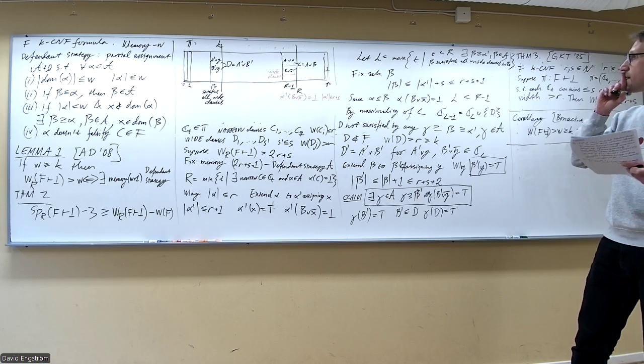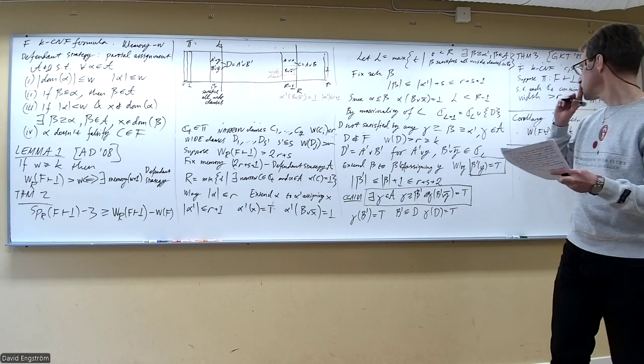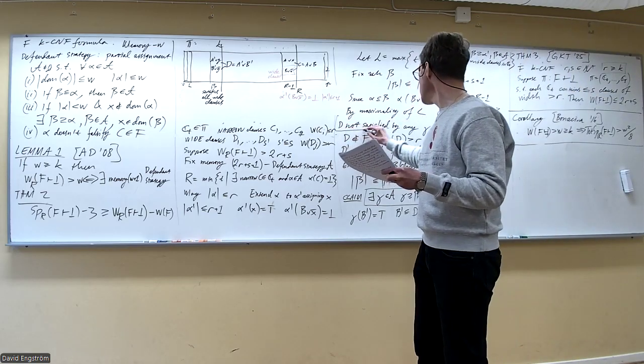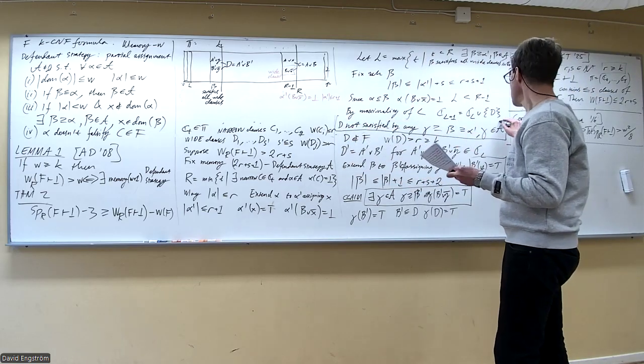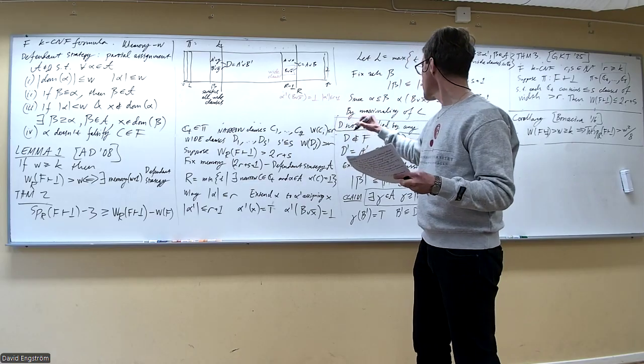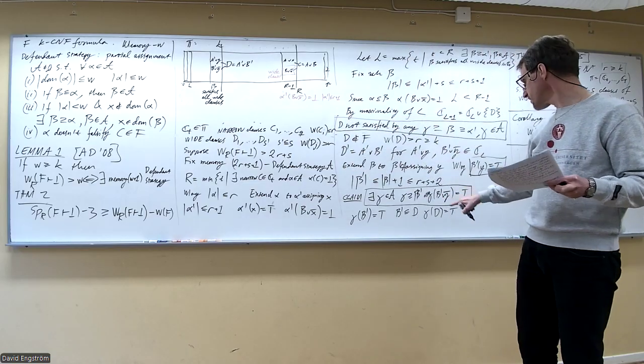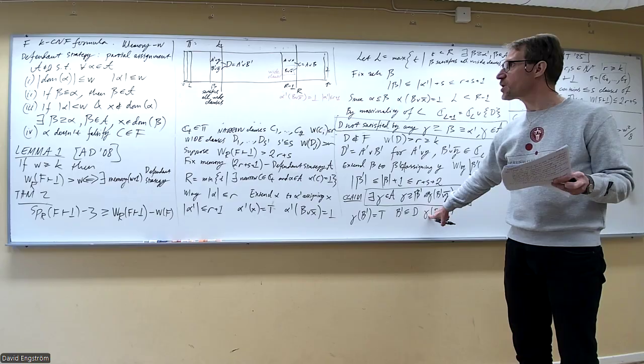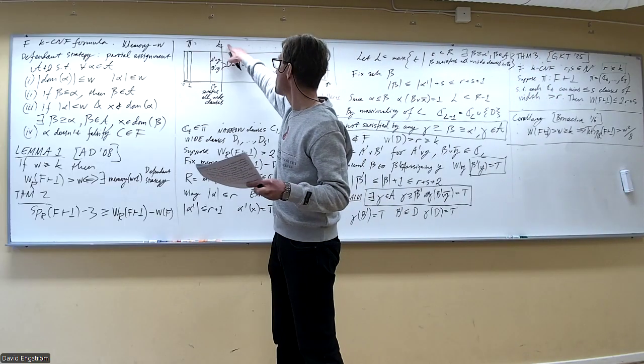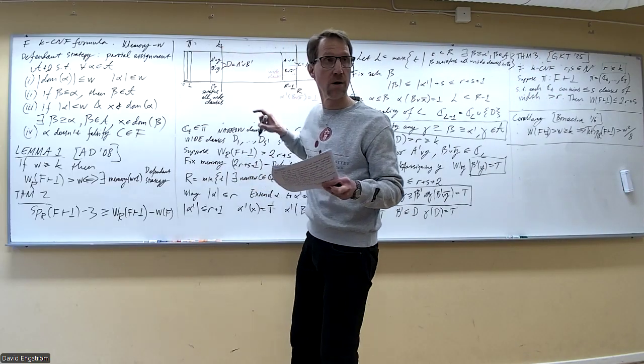But we agreed by the maximality of L. I mean, now you realize that, well, if I would have picked that gamma, I now would have picked L to be L plus 1.